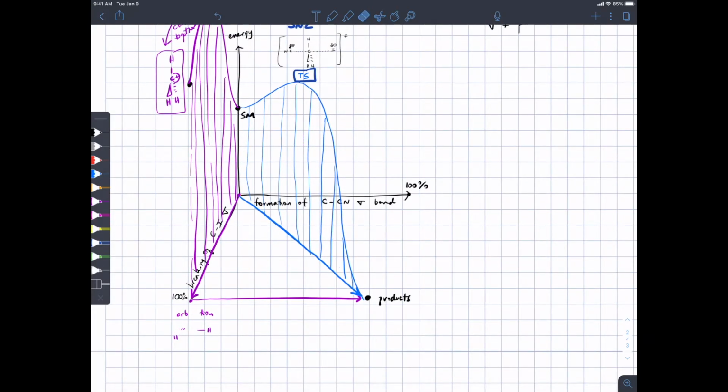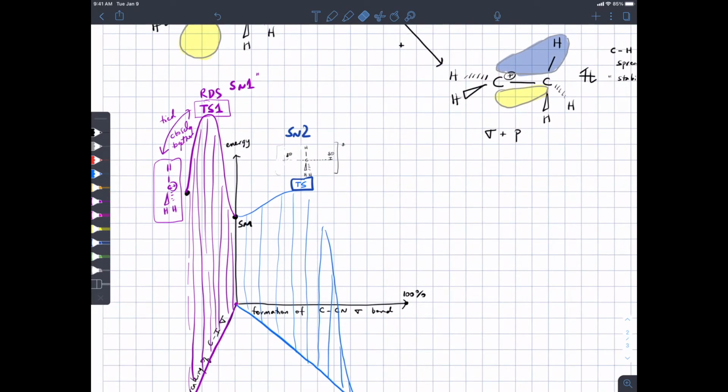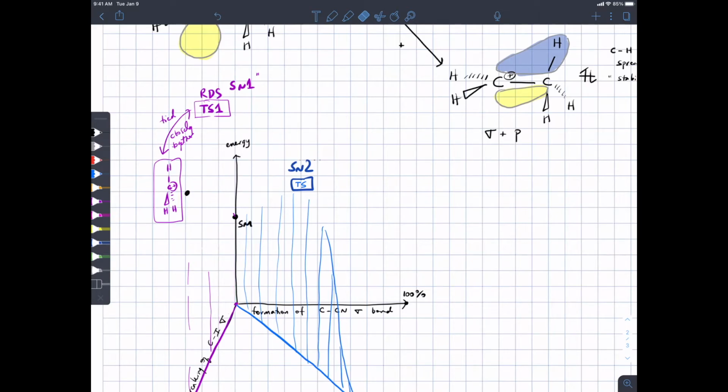I think I'm going to need to erase some purple lines and some blue lines. We'll erase some transition state stuff. Why didn't I just start from scratch? Well, okay, now that's seeming a little bit more reasonable. I'm erasing tons of stuff.